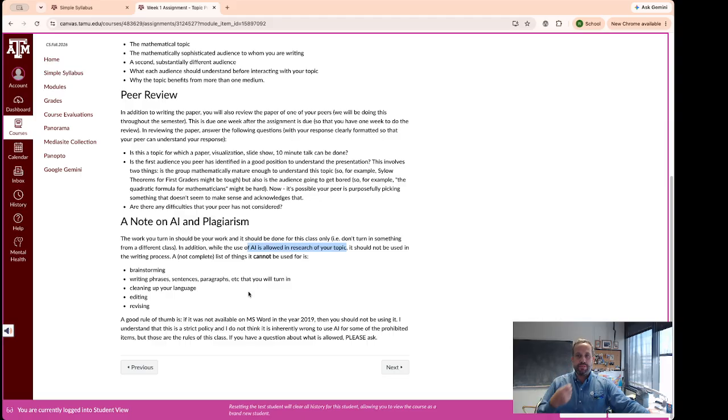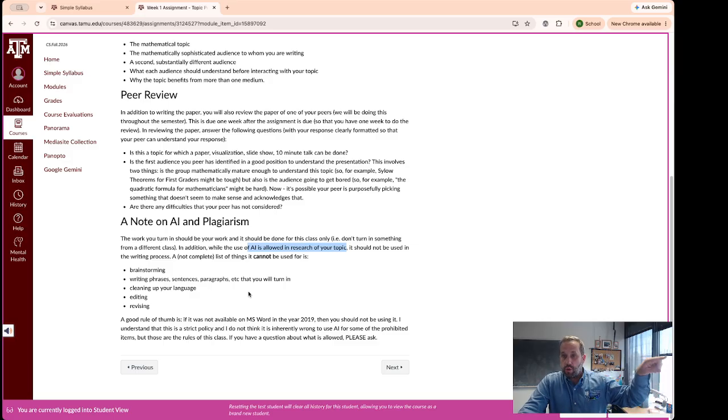Essentially, when it comes to the writing process, if it did not exist in Microsoft Word 6 years ago, it's not allowed. Now, I am not saying that all of those things are a bad use of AI. In fact, I use AI in some of the ways that I just mentioned sometimes. So I'm not saying all of those are bad, but here's what I do not want to happen.